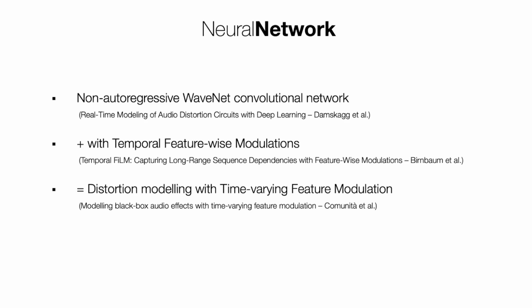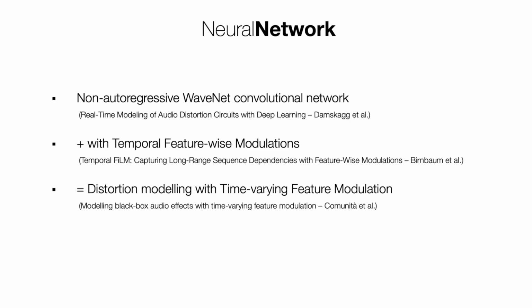The neural network I adopted to model the fuzz was proposed in a recent paper I published as part of my current PhD research, and it's a modification of a known autoregressive implementation of a WaveNet convolutional network. This model has been shown to work well to emulate distortion circuits that require a short receptive field.